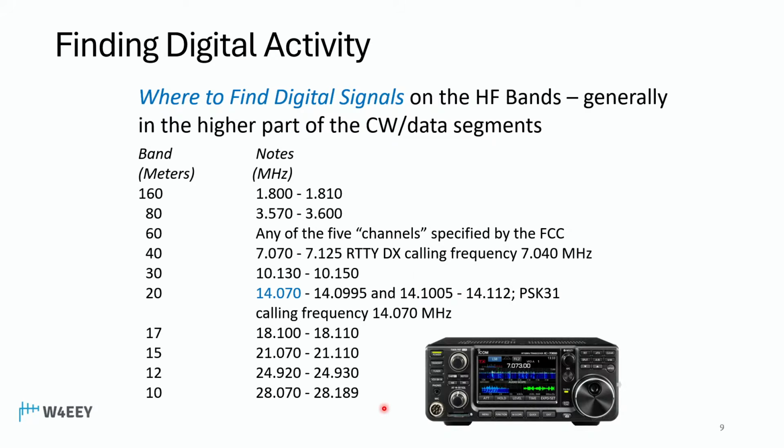So I've got one item marked in blue here on 20 meters, 14.070. We'll be coming back to that number. It'll help you with a couple of pool questions. So if you're just curious to hear some weird sounds, what does digital sound like, you can tune your radio to these parts of the bands to hear some of that stuff.